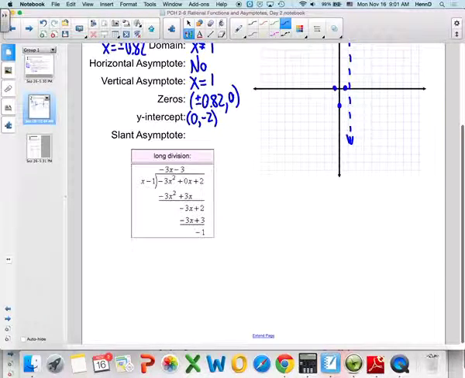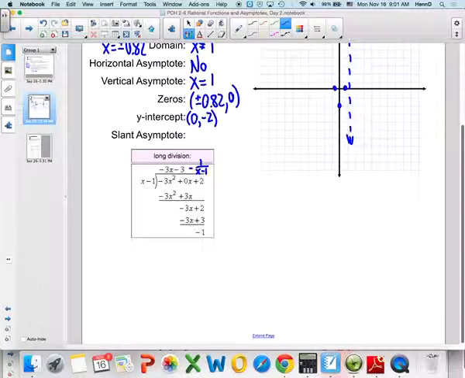And you'll notice we got a remainder of negative 1. So we could write this whole thing as negative 3x minus 3 minus 1 over x minus 1. That's the whole quotient.